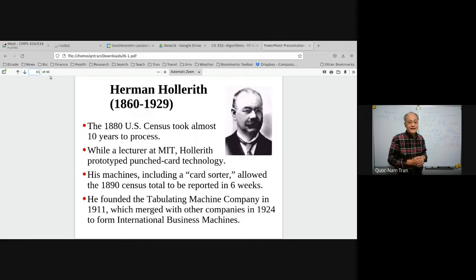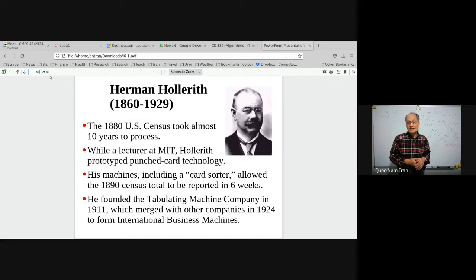Herman, at that time, was a lecturer at MIT, and he invented what we call nowadays radix sort. He also built a machine for sorting punch cards, and it helped to reduce the census 10 years after that to only 6 weeks.